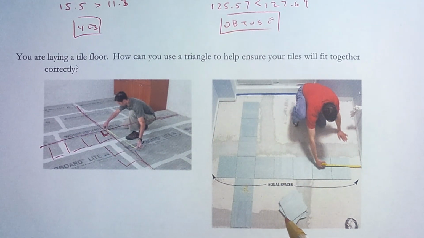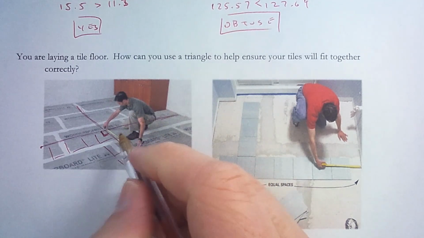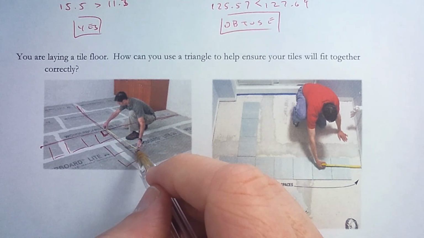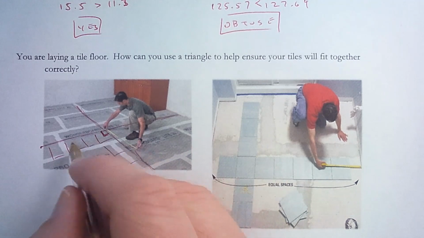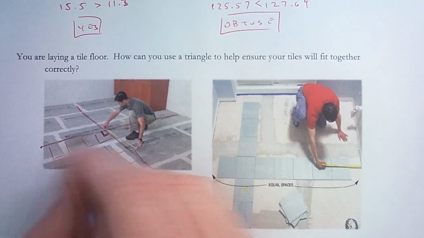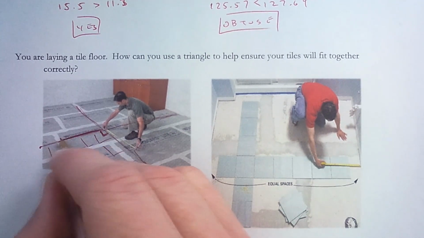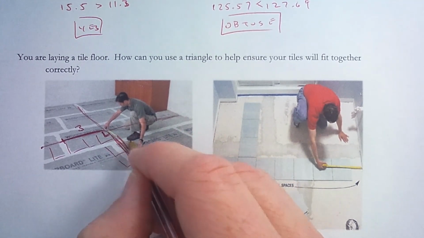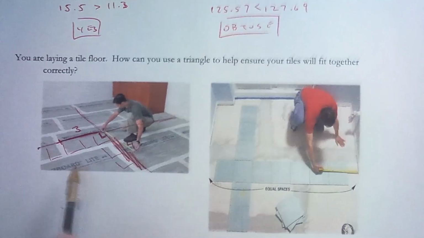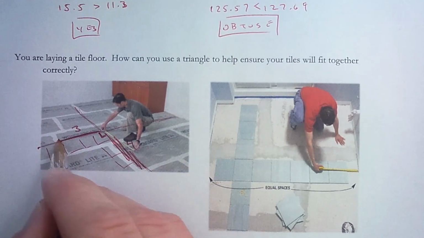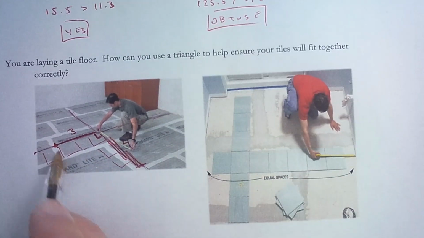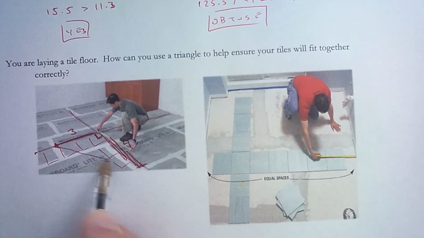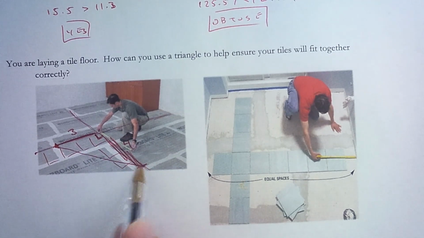So how can you tell if it's a right angle? Okay, so see the tape measure going here? What you could do is measure, say, 3 feet this way and 4 feet this way. Okay, and if you mark 3 feet and 4 feet, then you can measure across here.